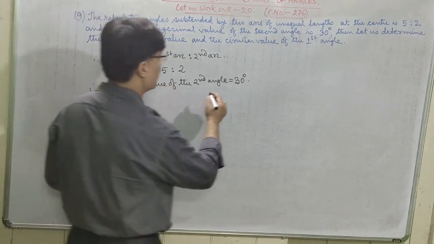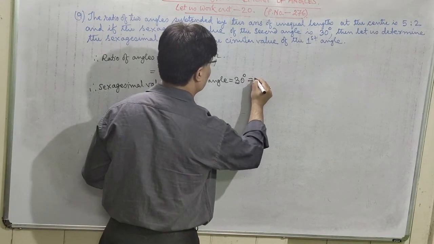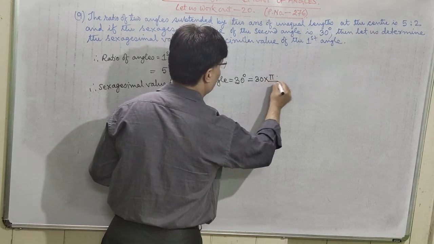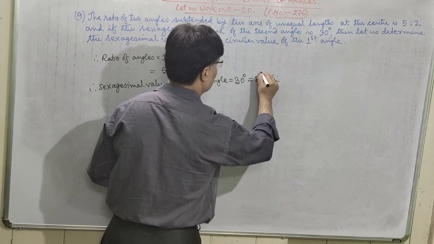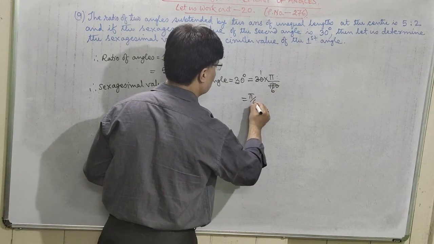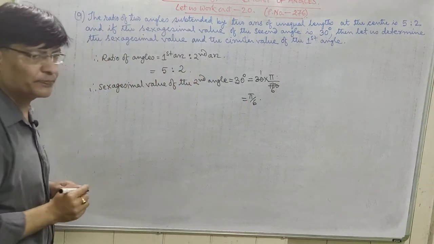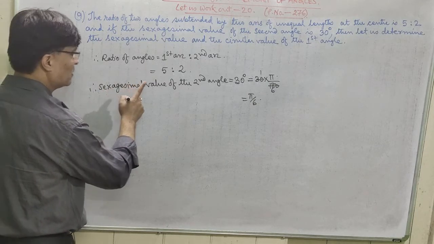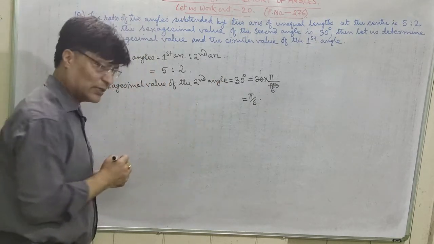Okay, so let us write it in terms of radian. 30 into pi by 180. 31s are 30, 36 are 180, which is equal to pi by 6. The sexagesimal value of the second angle is 30 degree.